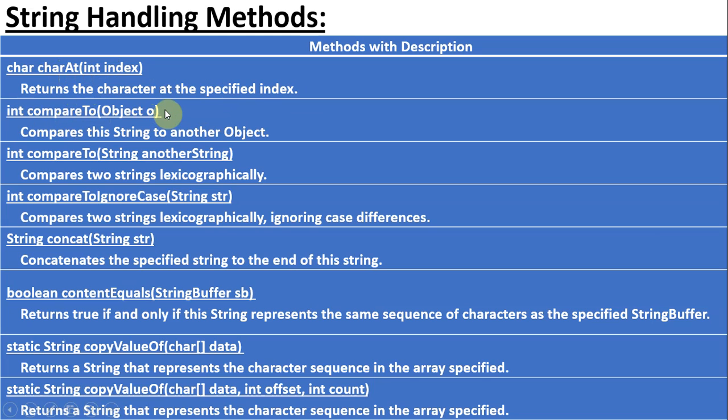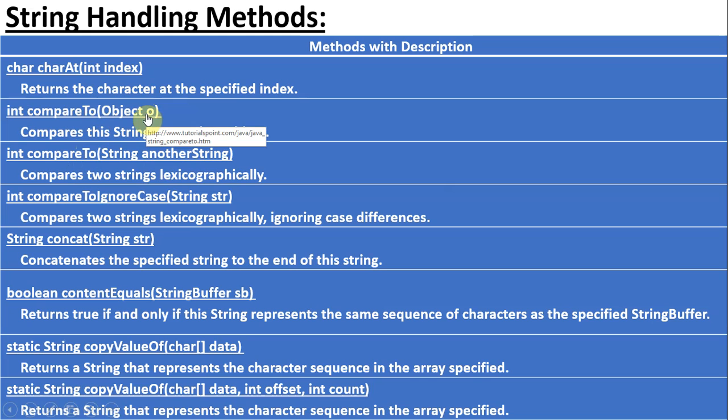compareTo: a string is an object, right? So to compare a string to another object, we can use compareTo. The method name is the same, and we differ in the parameter passed.